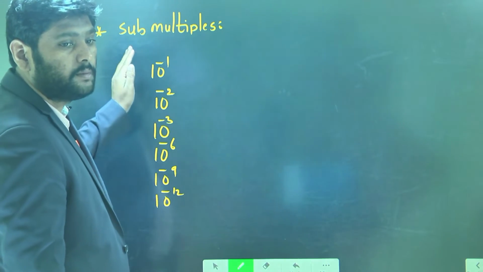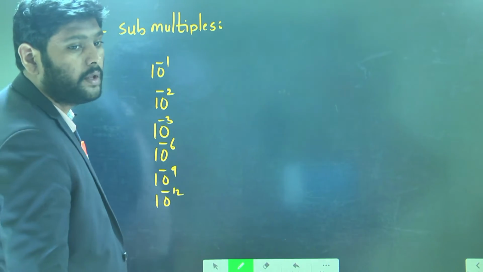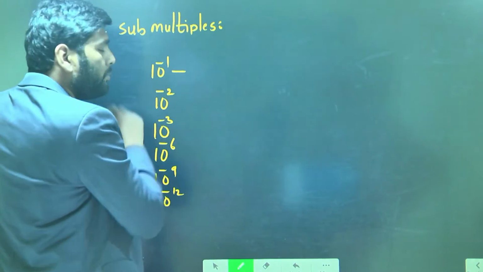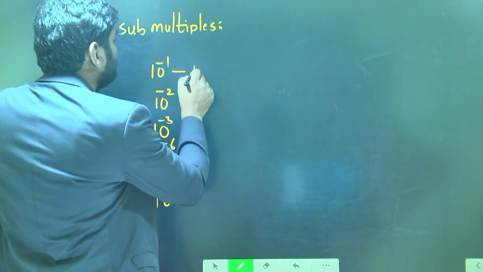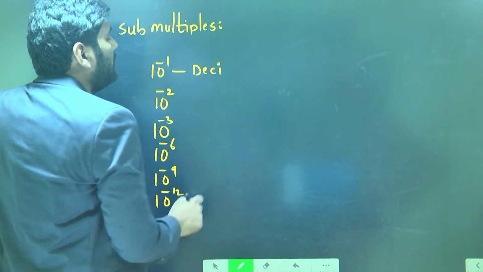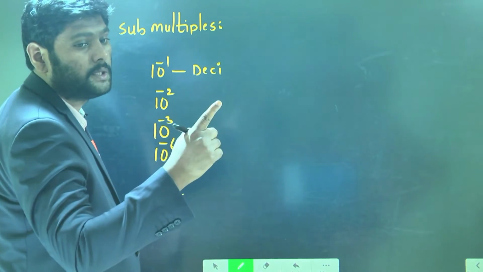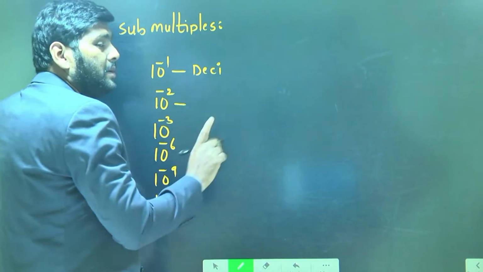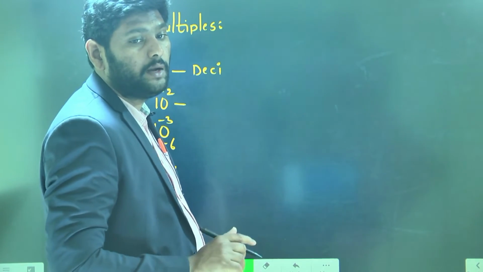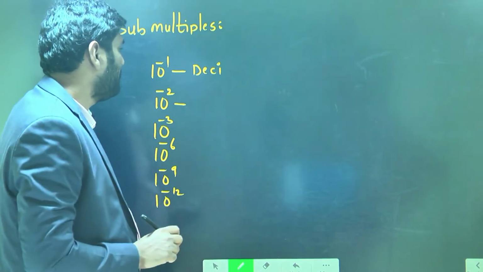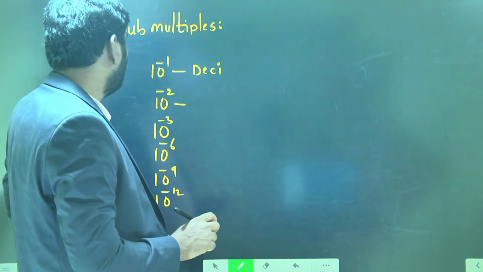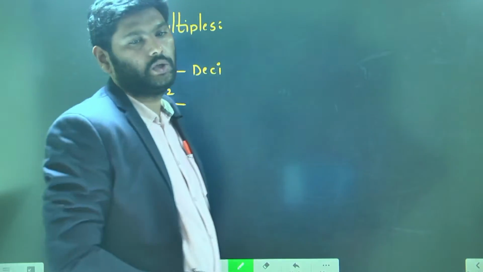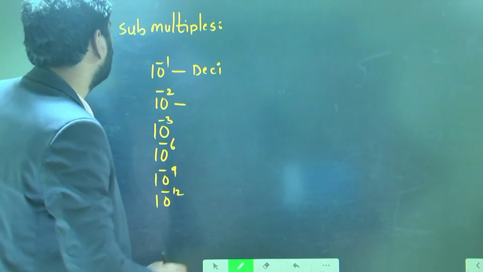But these submultiples have some names. What are these names for submultiples? 10 power minus 1 means deci, while 10 power 1 means deca. 10 power 2 is called hecto, but 10 power minus 2 is called centi.